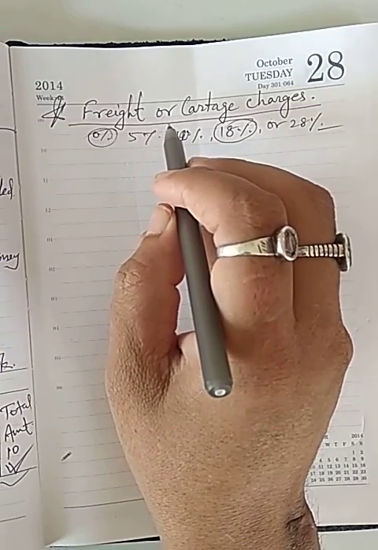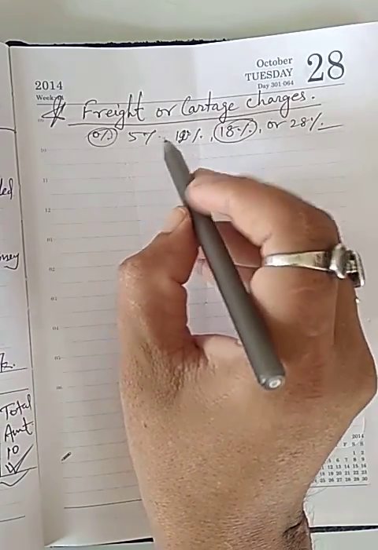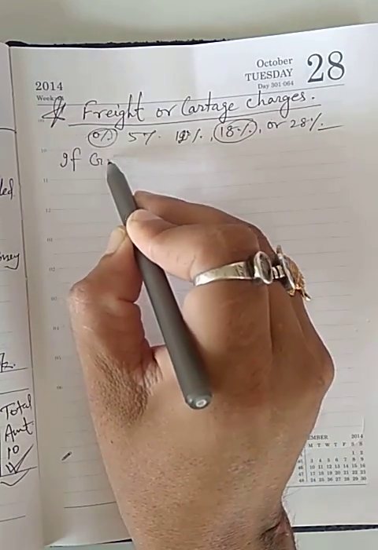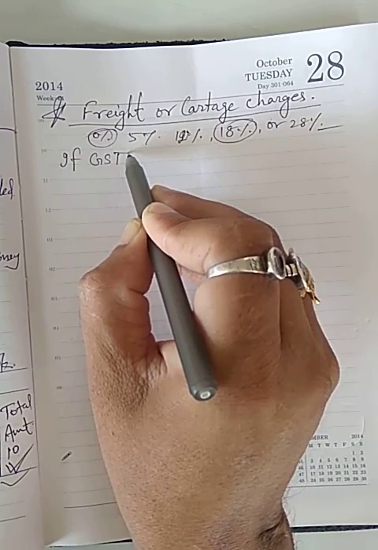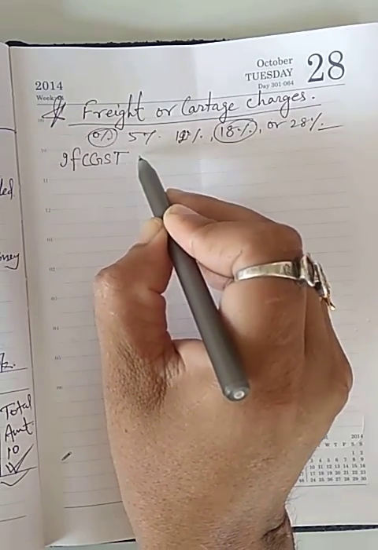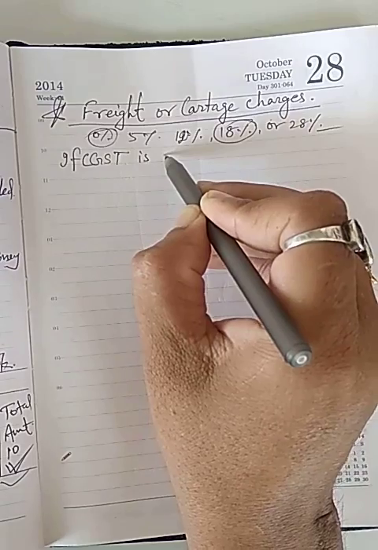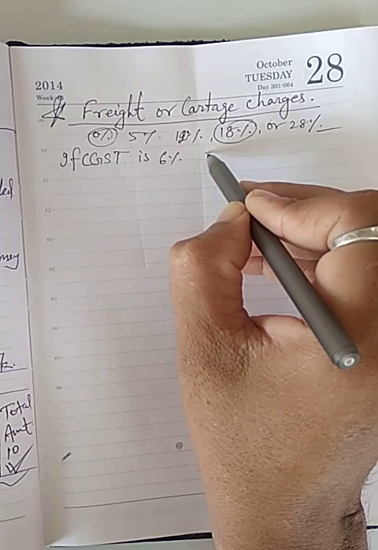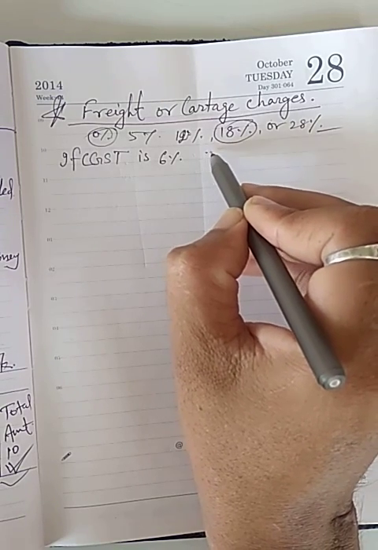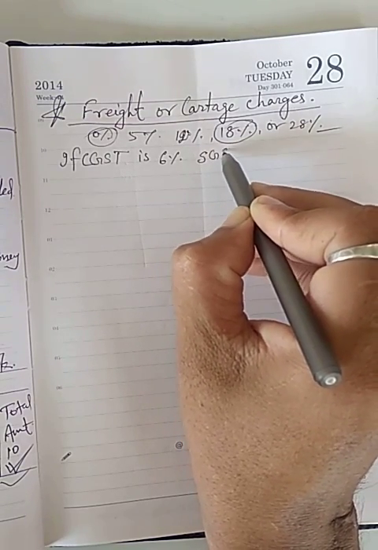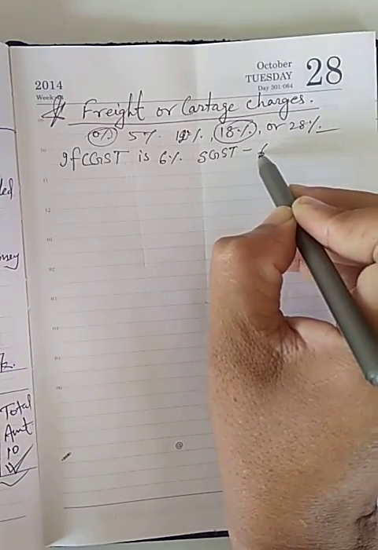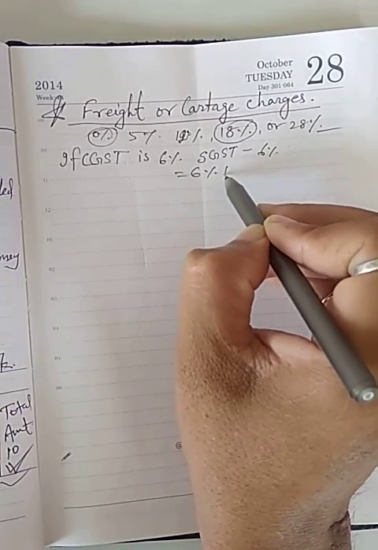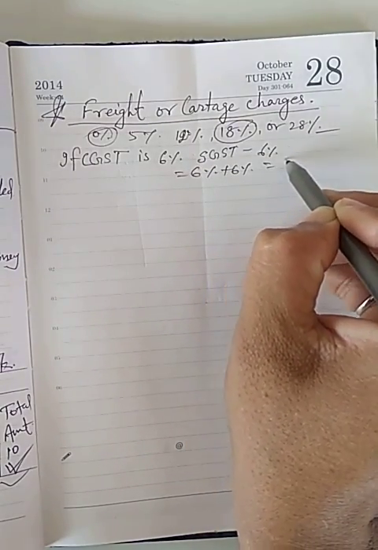Now, most important thing is, if CGST is 6%, SGST will also be 6%. It will be 6% plus 6% equal to 12%.